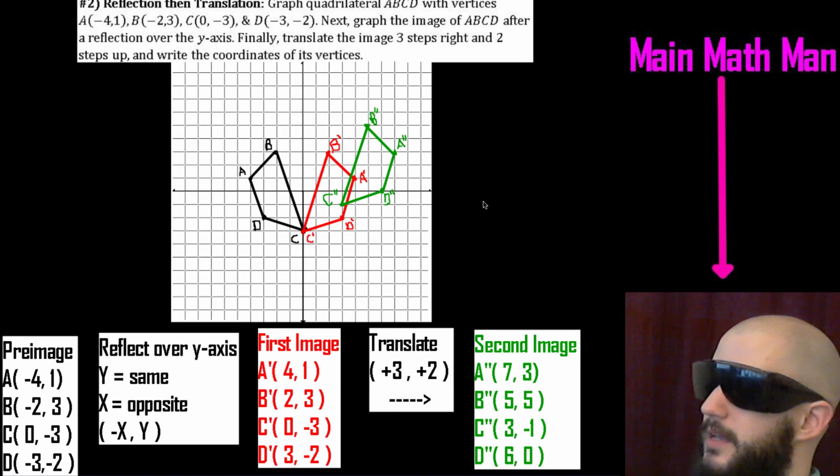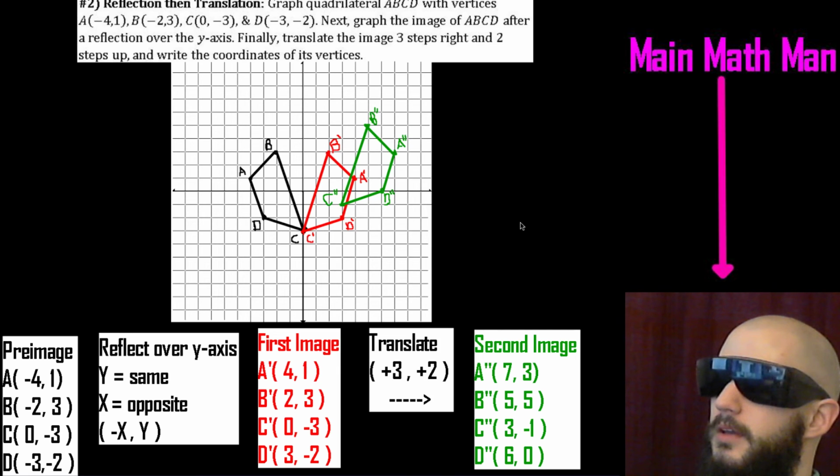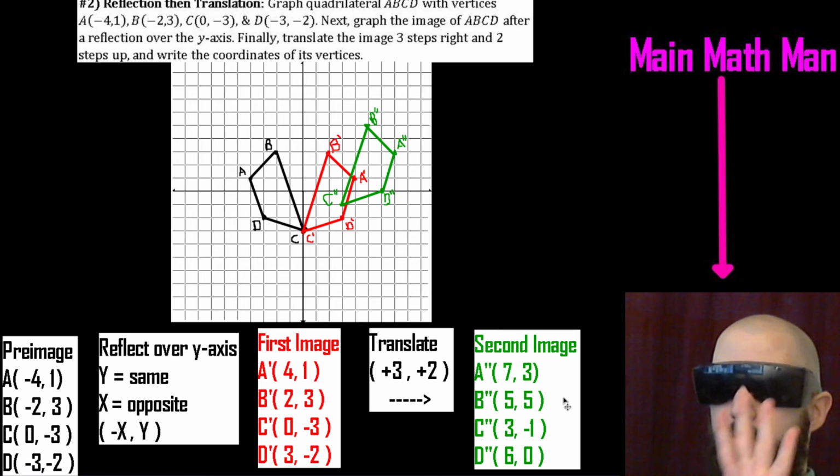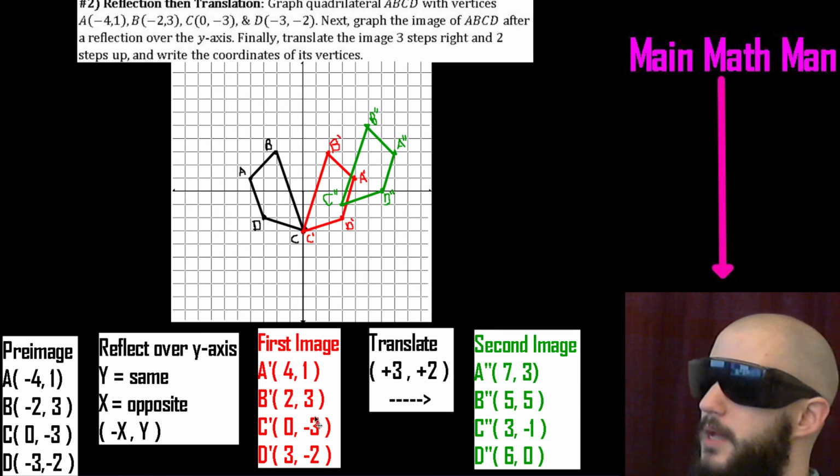And so I translate to my green, and so now I am going to have the points. A double prime is (7, 3). B double prime is (5, 5). C double prime is (3, 1). Excuse me, (3, -1).